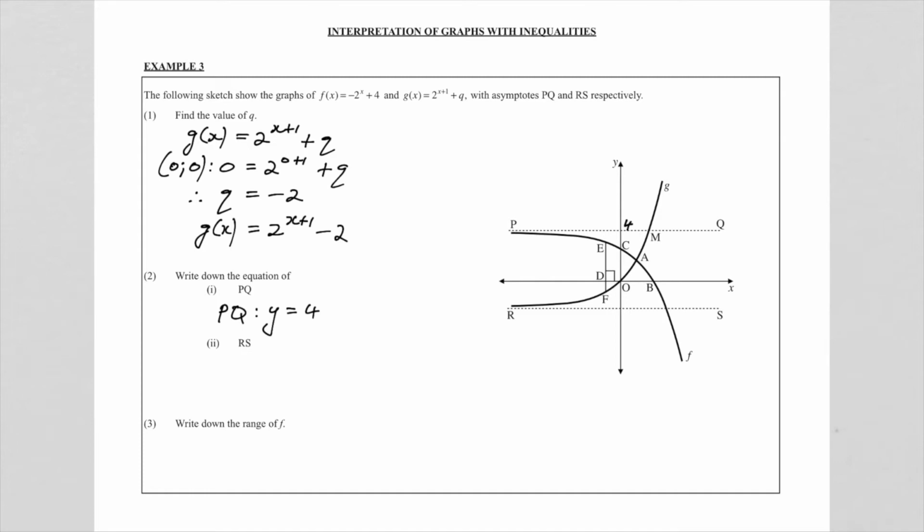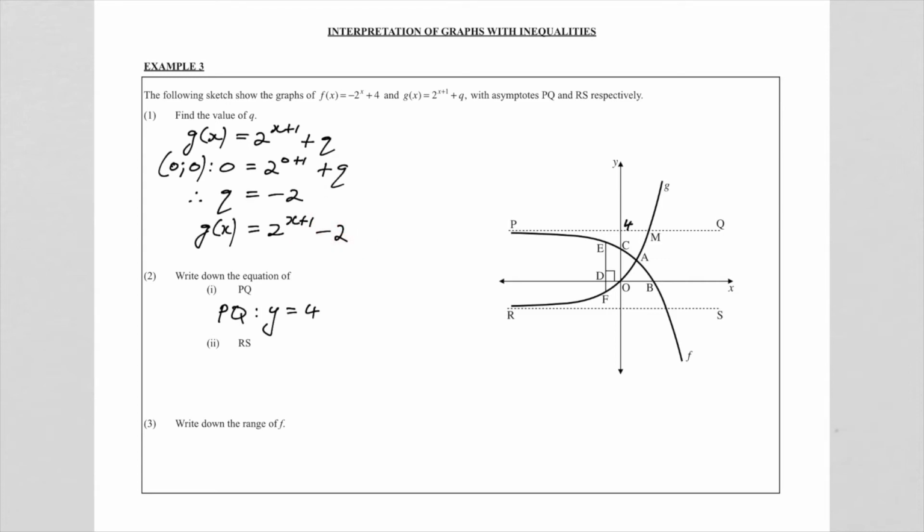We're going to follow the same principle to find the equation of RS. And this is RS here. So RS is the asymptote of function g. Now, you will just remember that we just calculated the shift, the q value of this particular function, which was minus 2.